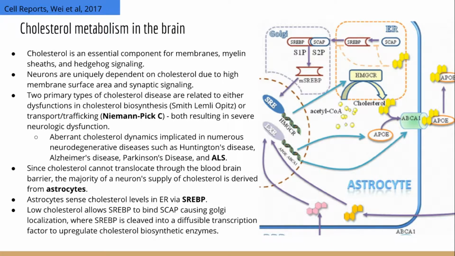Beyond these clear-cut disorders of cholesterol dysfunction, there's also a lot of evidence that suggests neurodegenerative diseases like Alzheimer's disease, Huntington's disease, and even ALS are related, at least in some part, to aberrant cholesterol dynamics. In Alzheimer's disease, for example, one of the most common early onset mutations is in a protein you've probably heard of, APO, the infamous APOE4 allelic variant.